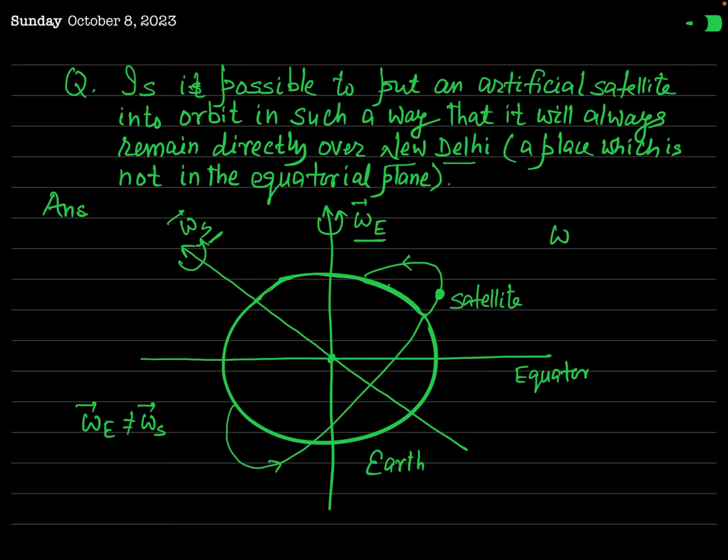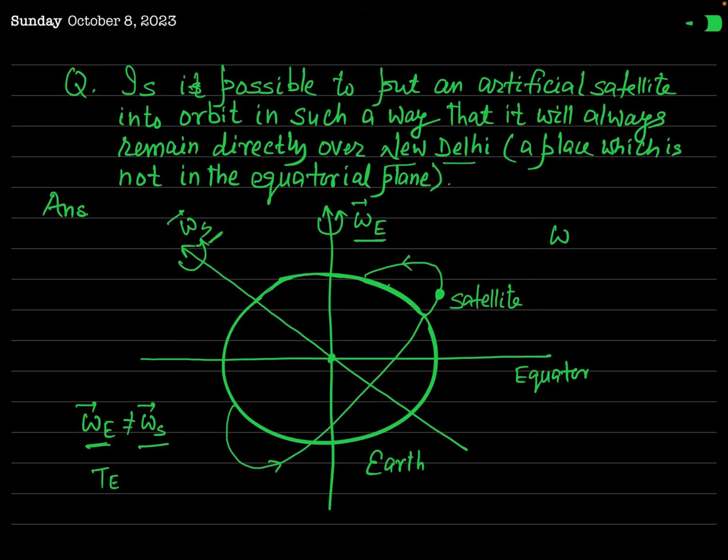Even if the magnitudes of omega s and omega e are equal, omega e will not be equal to omega s because their directions are different. So in this condition, the angular velocity of earth's rotation and the angular velocity of the satellite are not equal.